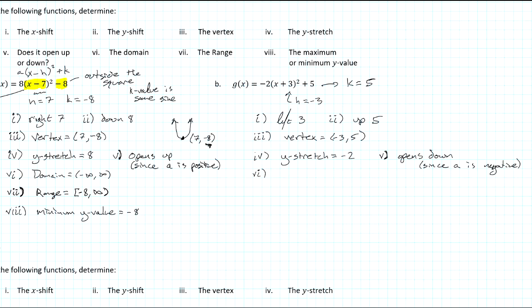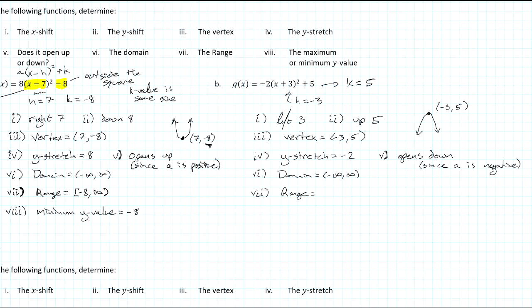All right, again, for a parabola, for a quadratic function, there is no domain restriction. So the domain is all real numbers, negative infinity to infinity. The range is going to equal, okay, this opens down, and the vertex is at negative 3, 5.